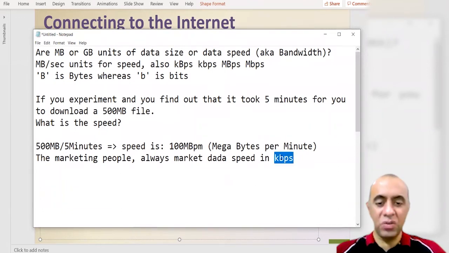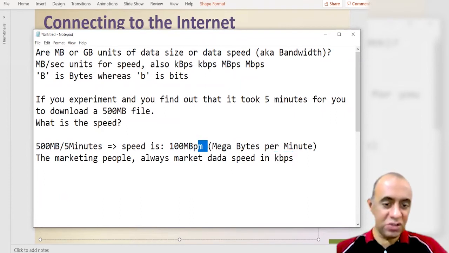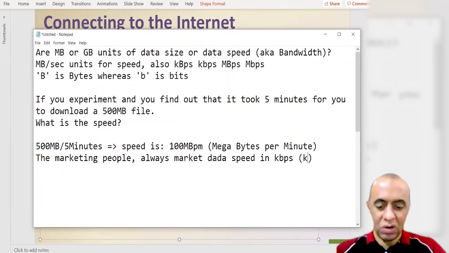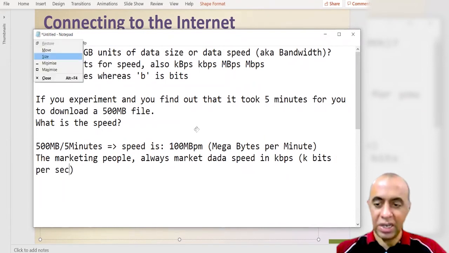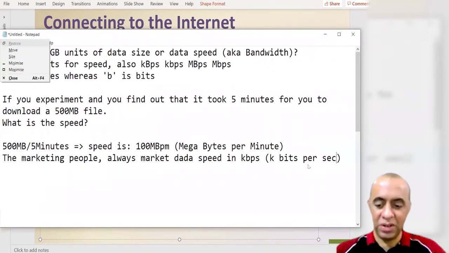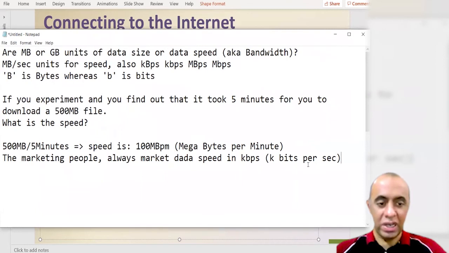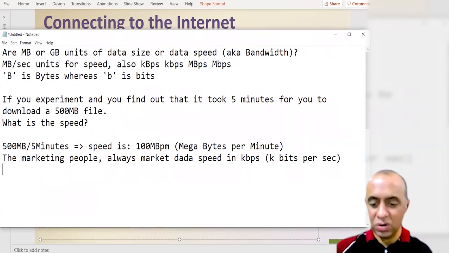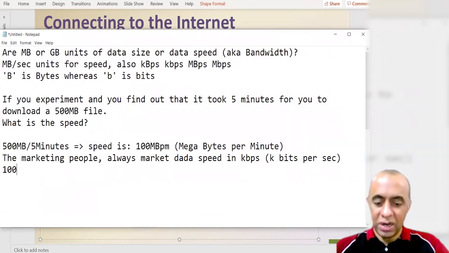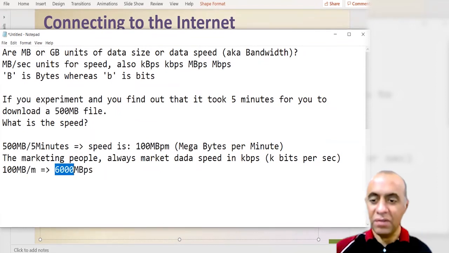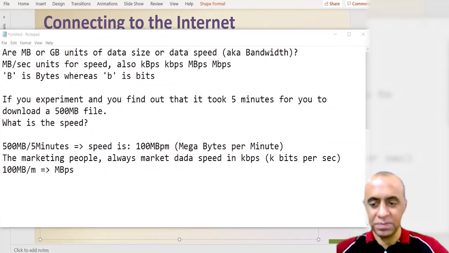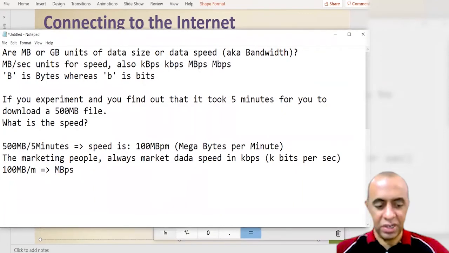So right now my units have bytes and minutes, whereas these units have what? Bits and seconds. This is short for kilobits per second, and by kilo we mean 1000, by mega we mean 1 million. I hope you guys know that, right? So I'm going to take this 100 megabytes. 100 divided by 60 is 1.67.